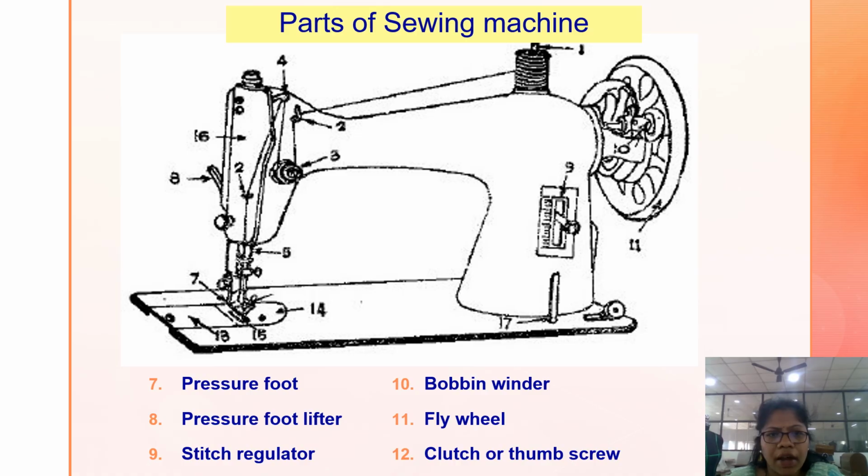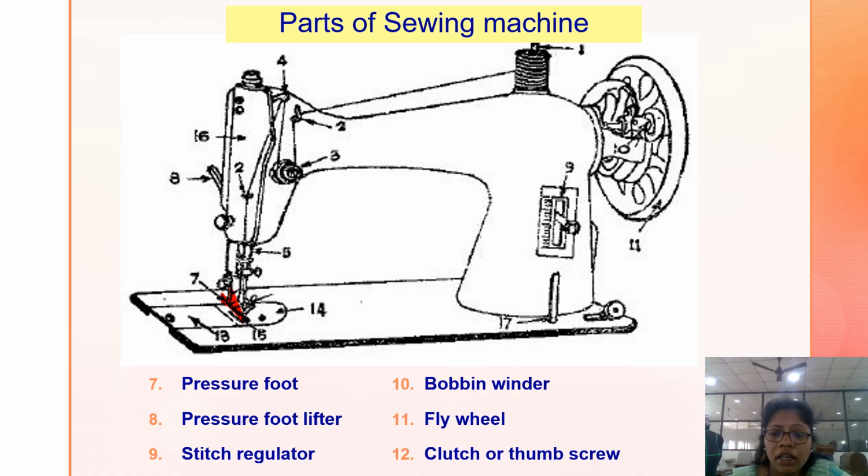Coming to the other parts of the sewing machine, here you can see the pressure foot, the lower one, the steel one. This is the pressure foot. The numbers are given here. The pressure foot is attached to the pressure bar, so it holds the fabric firmly in position when it is lowered.